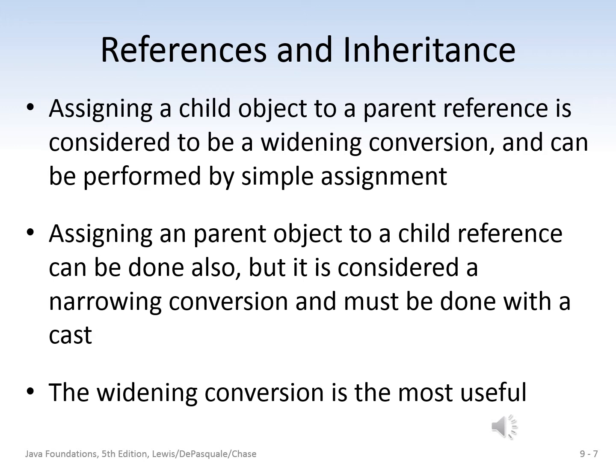Assigning a child object to a parent reference is considered to be a widening conversion, and it can be performed by simple assignment, as we saw in the previous example. Assigning a parent object to a child reference is considered to be a narrowing conversion, and you have to do that with a cast. The good news is the widening conversion is the most useful of the two conversions.